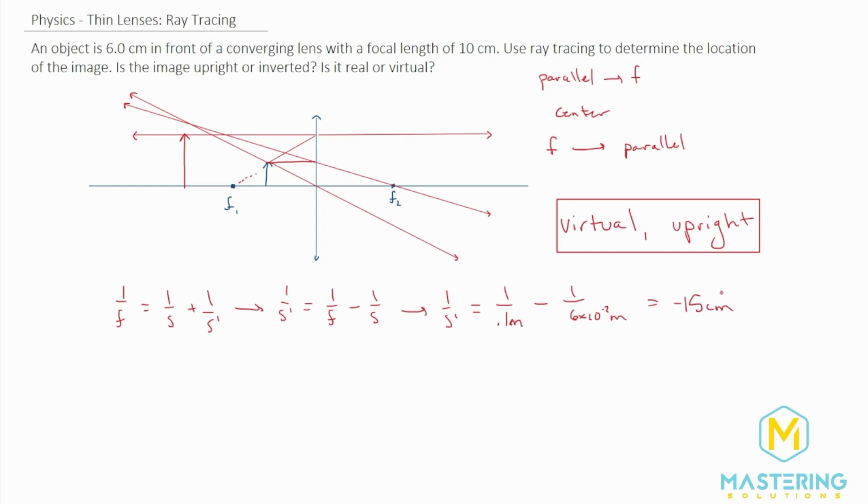The negative sign is agreeing with the fact that we have a virtual upright image, and it means that it's on this side of the lens for the image. Typically, the images, if they're positive, will be downstream of the lens. If they're upstream of the lens, they will be negative. And so this is the location of the image. And then we have a virtual image that is upright as well for this converging lens.